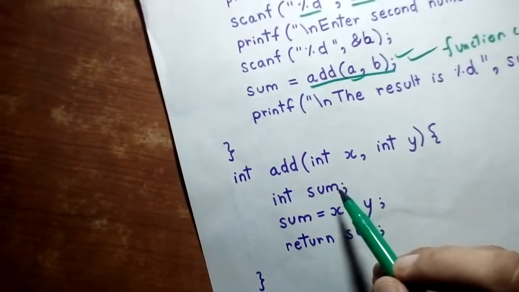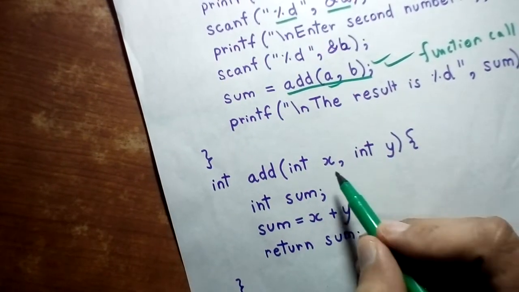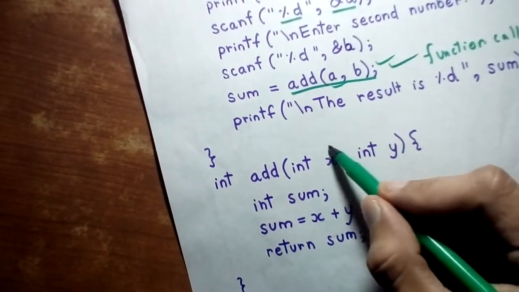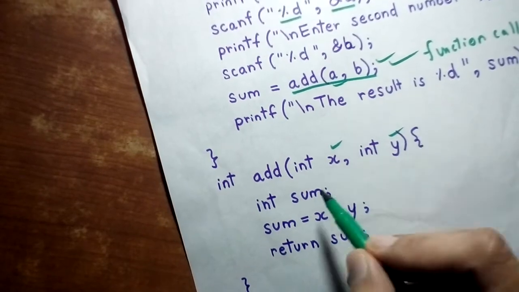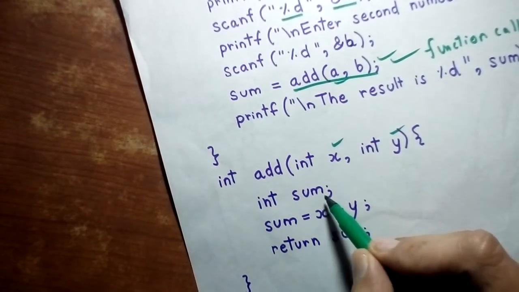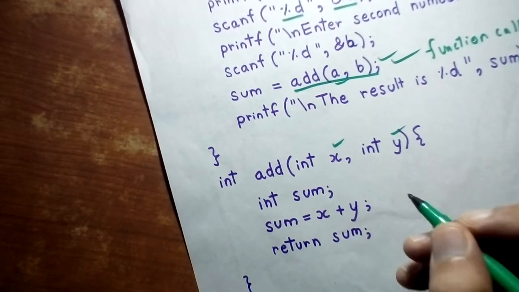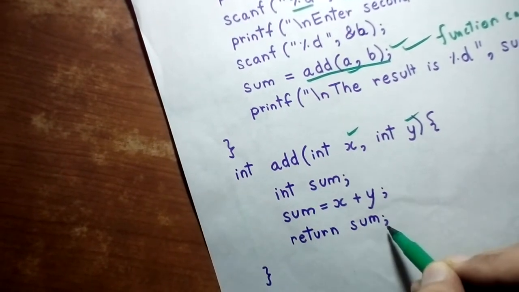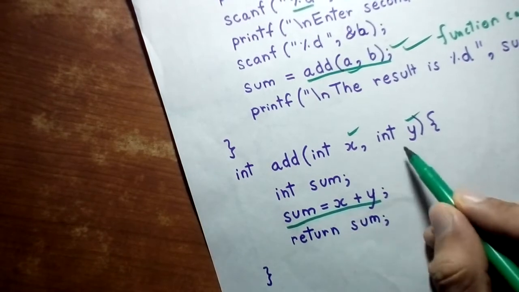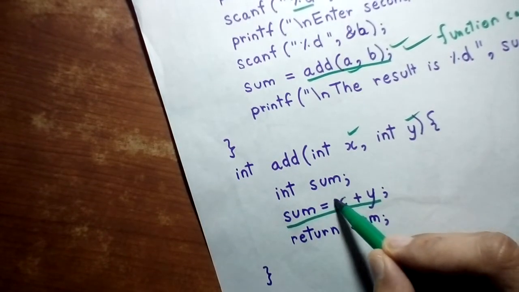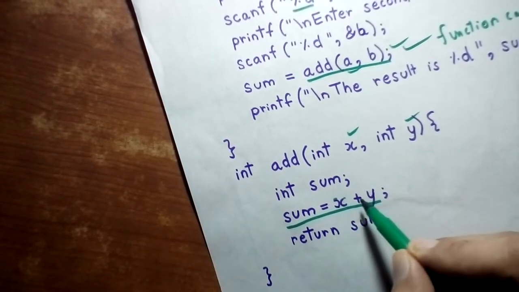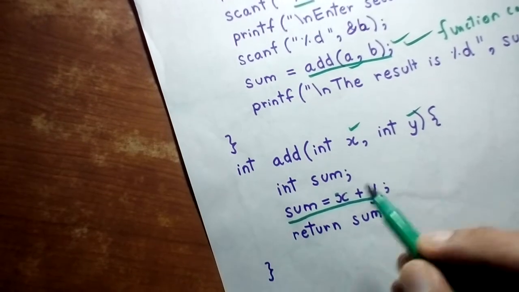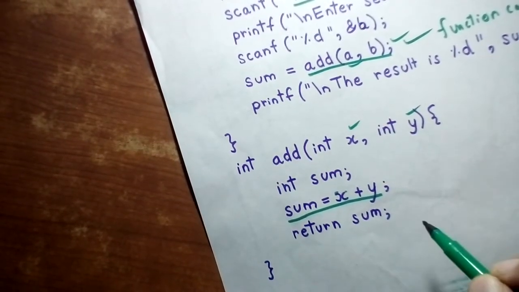And here we have two parameters, int x and int y. This time we are giving the names of the variables x and y, and here we are declaring the sum variable, and sum = x + y, and then return sum. In the sum we are storing the addition of x plus y, and then we are returning the sum.